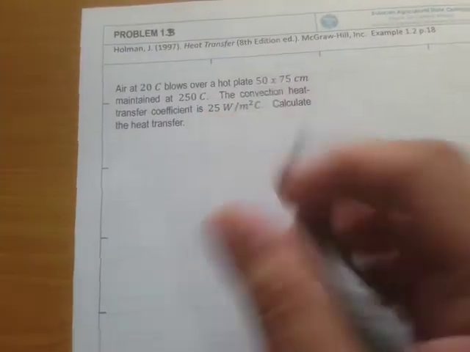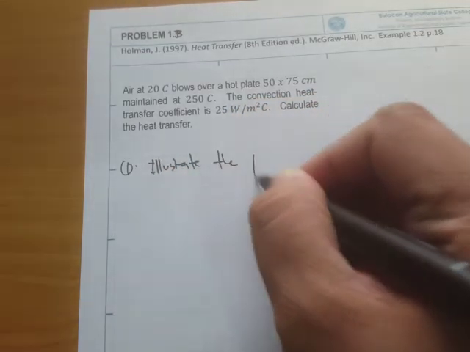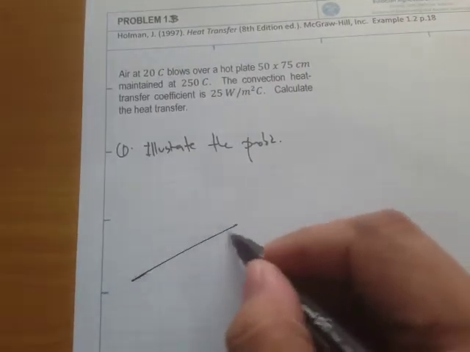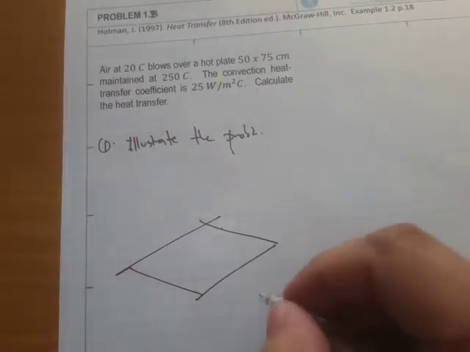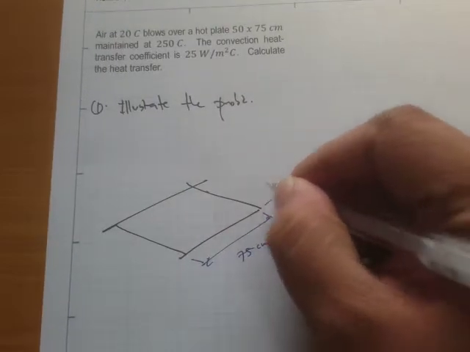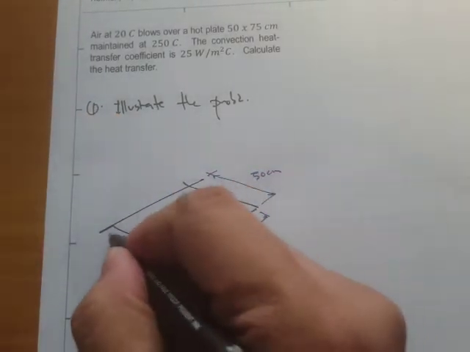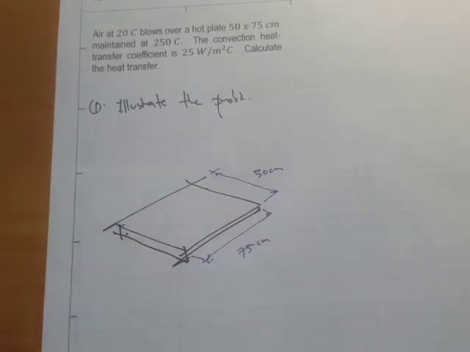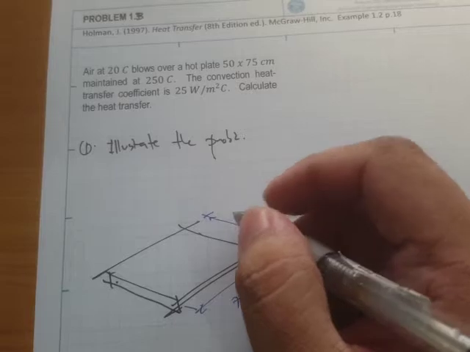Now there's no figure, but we can just illustrate the problem. Okay, so right here we have a heated plate, with a dimension of 75 cm and 50 cm. And we have air that's blown over a hot plate.